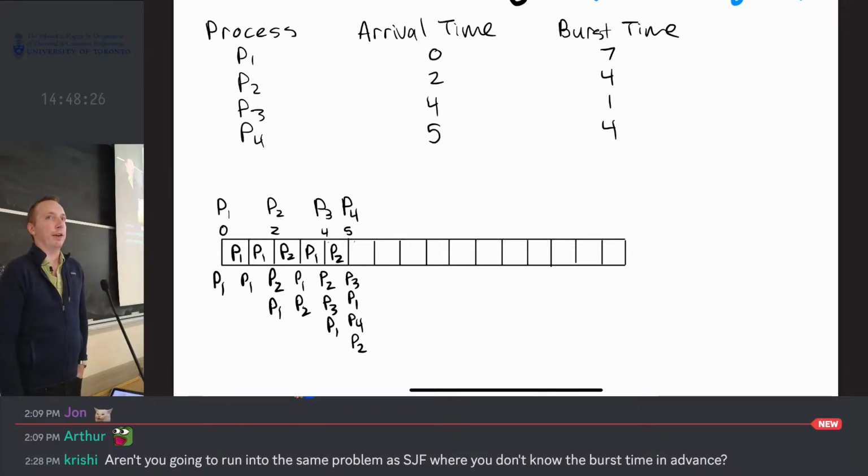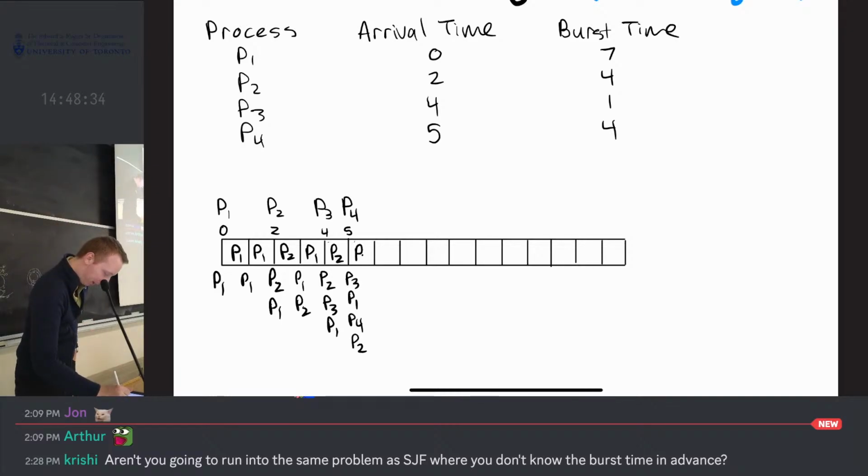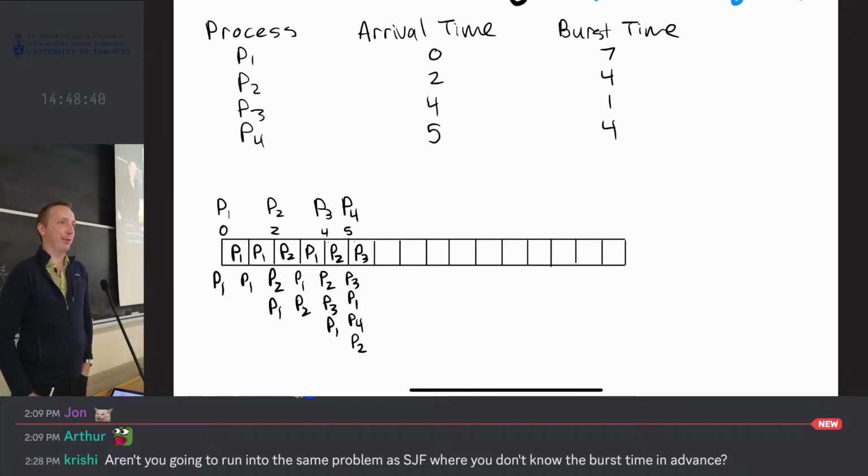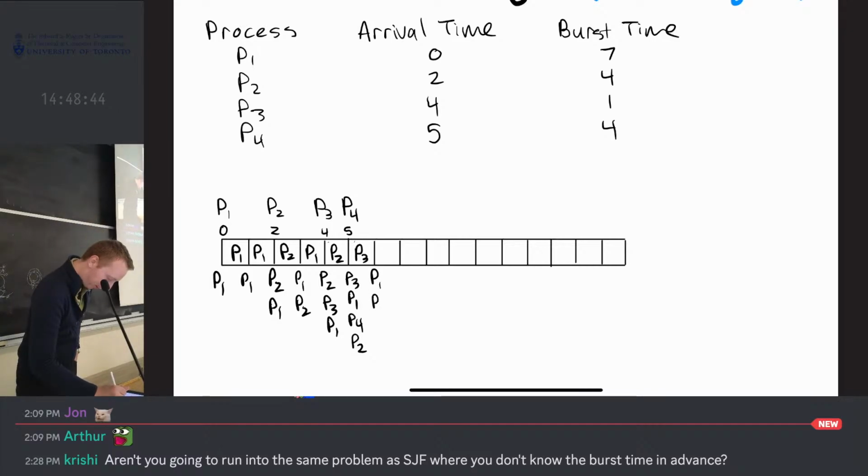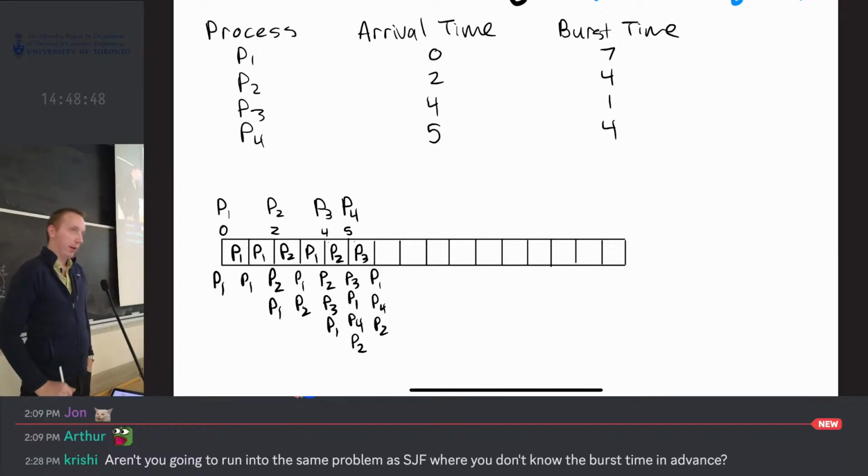And thankfully, the hard part is over now. We're just constantly going to go around and around in this order until things stop. So P3 would execute. It mercifully only executes for a single time unit, so it is done. So our queue looks like P1, P4, and P2.